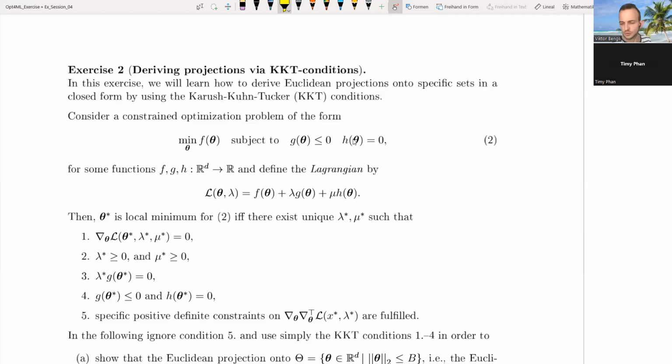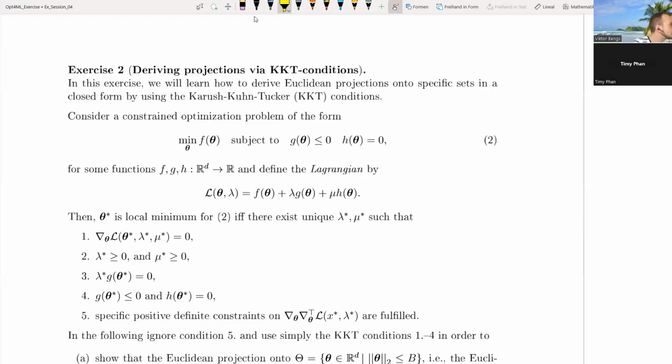And these Karush-Kuhn-Tucker conditions, these 5 here, specify when we can encounter a local minimum for this constrained optimization problem. It revolves around the so-called Lagrangian function.